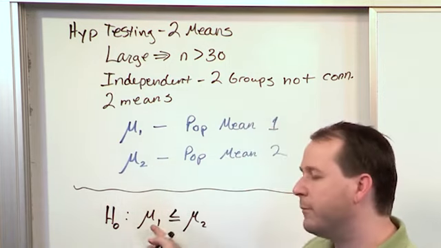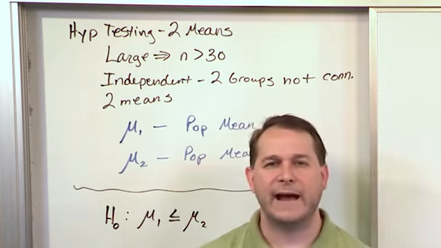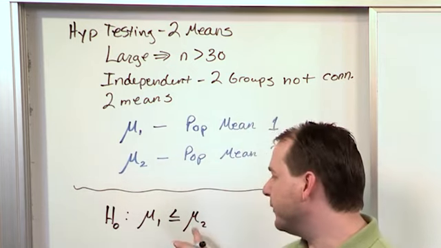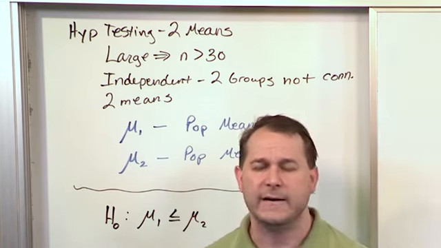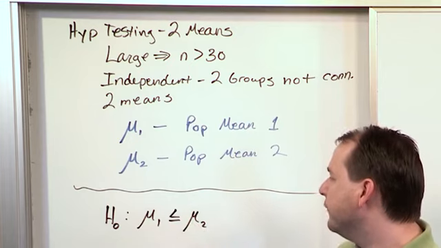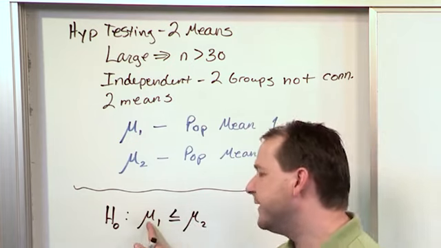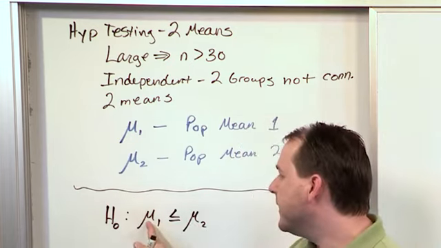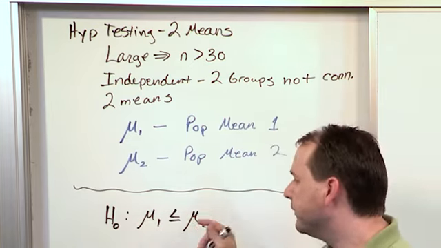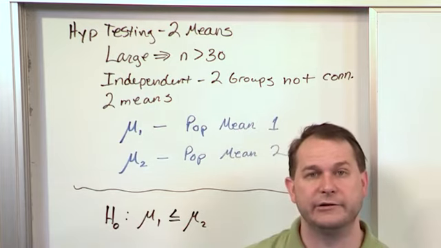So mean number 1, maybe we're talking about the average height or the average weight or something like that, or the average shoe size. Could be anything that can be represented by a mean. So let's talk about average height. So maybe population 1 is women, and maybe population 2 is men. So maybe we're saying the population of women in the city, that their height is on average less than or equal to the average height of the population of men.